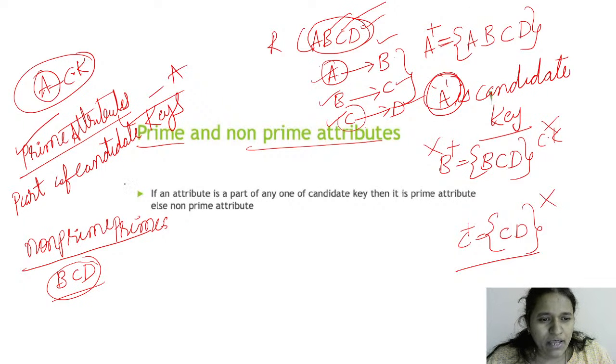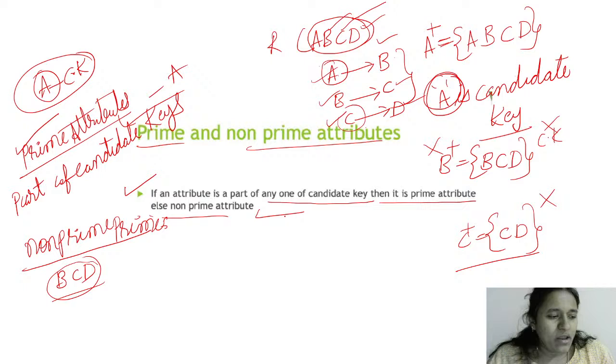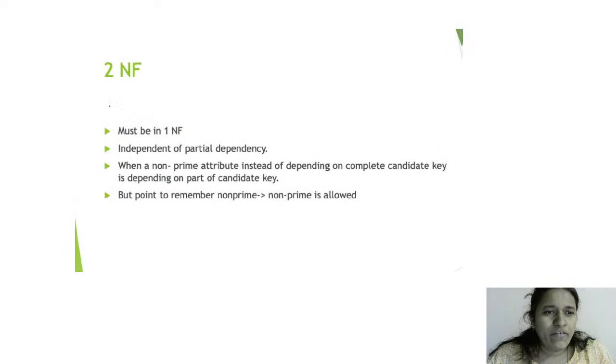Now we will read the definition. If an attribute is a part of any one of the candidate keys, then it is a prime attribute, else non-prime. With this example, I hope the prime and non-prime attributes are clear. Now we will see what is second normal form.